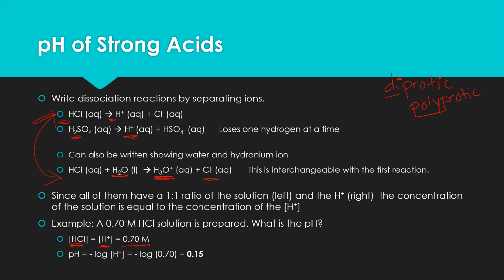So our hydrogen is also 0.7 molar. If we then want to find our pH, we would do the negative log of our hydrogen ion, or negative log of 0.7, and we would get 0.15 for our pH. That is a very low pH, very low, so this is super acidic.